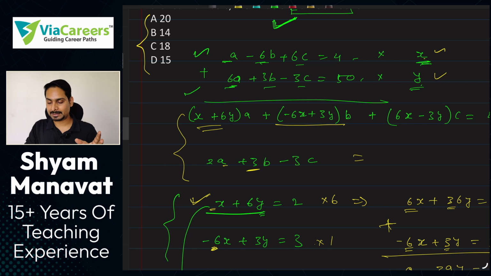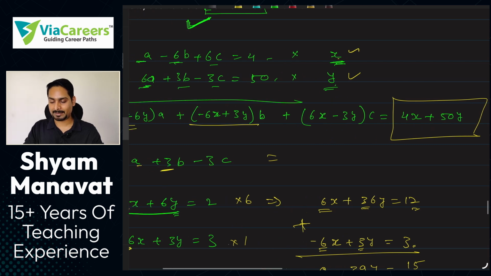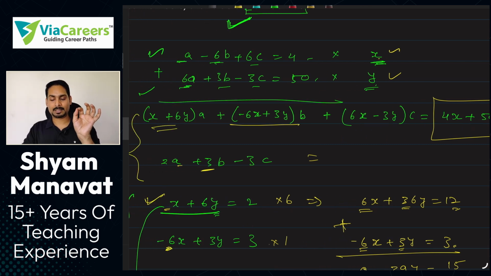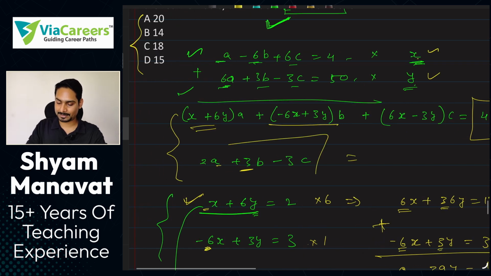Correct? Its right hand side should help you get the numeric answer, where the left hand side gives the combination with the variables a, b, c. So if you substitute the x and y value in the right hand side, you should get the numeric value of this combination.